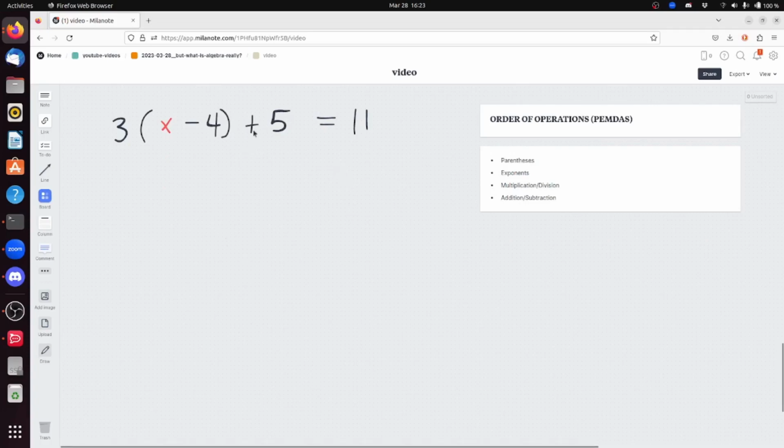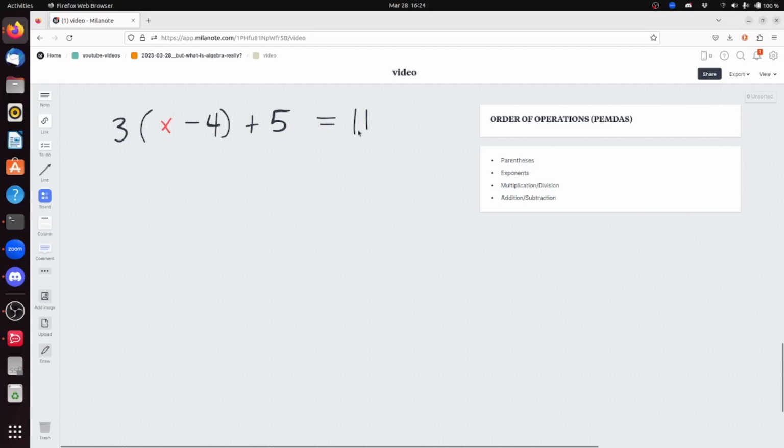So for this algebraic equation now, where we're trying to find one of the inputs rather than the output like before, we have to think a little bit differently. So instead of just adding up all of these things on the left, what you have to do is say, how can we get the thing on the left to equal the thing on the right? That's really our goal. We want to find x so that the entire expression after you apply the order of operations equals 11.